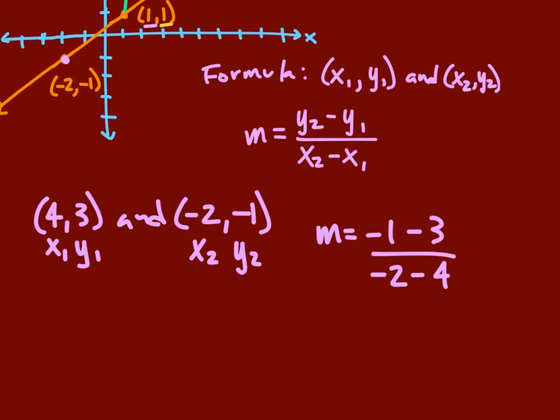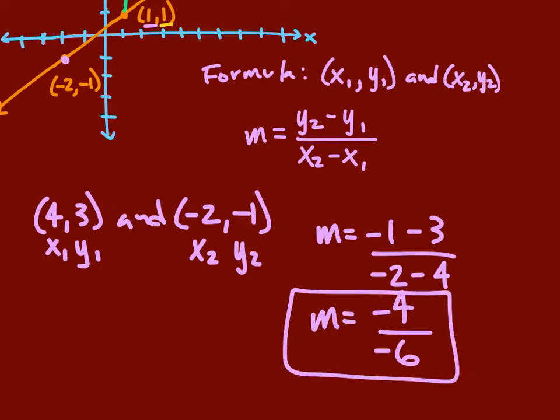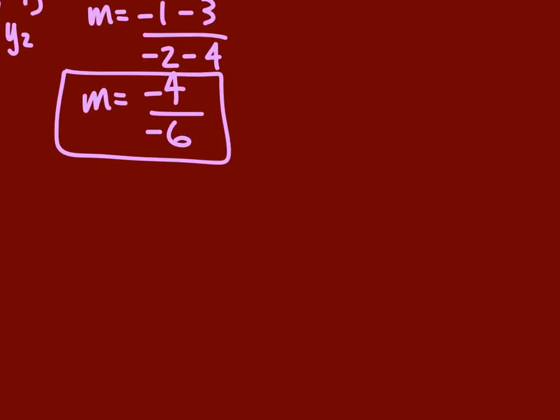So what I end up getting here is a slope of -1 minus 3, which gives me a value of -4, over -2 minus 4, which gives me a value of -6. So now we didn't get 2/3 out of this. However, if we simplify this fraction, we'll get 2/3. If I take a negative divided by a negative, that gives me a positive.